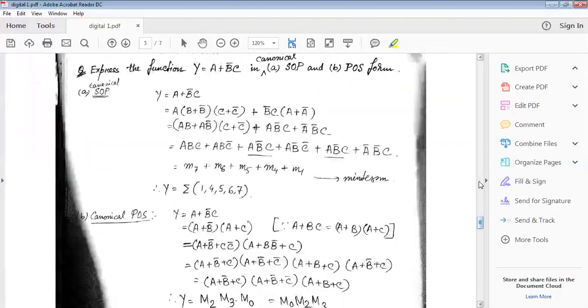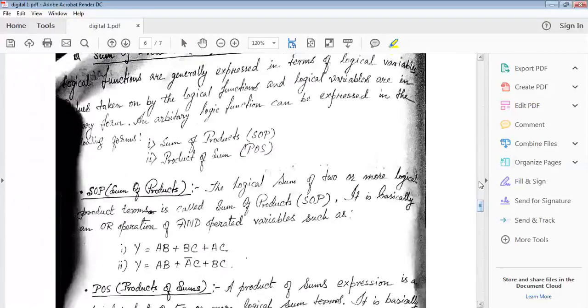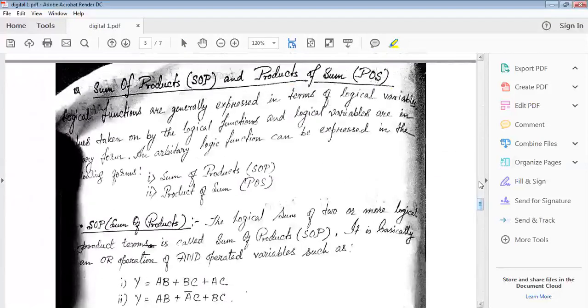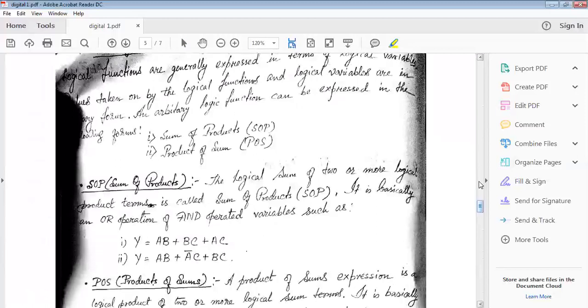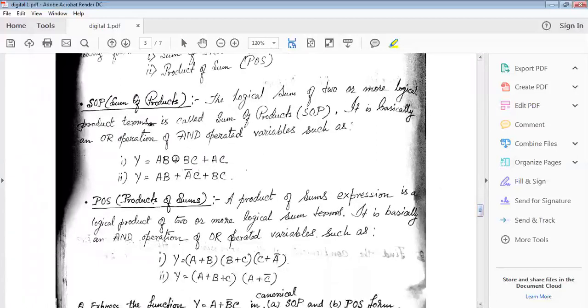Now I am coming to the form of sum of product and product of sum. Any Boolean expression can be expressed as a sum of products and a product of sums. These are the sum, that is the plus sign, and the sum of what? You can see these are the products of two variables.